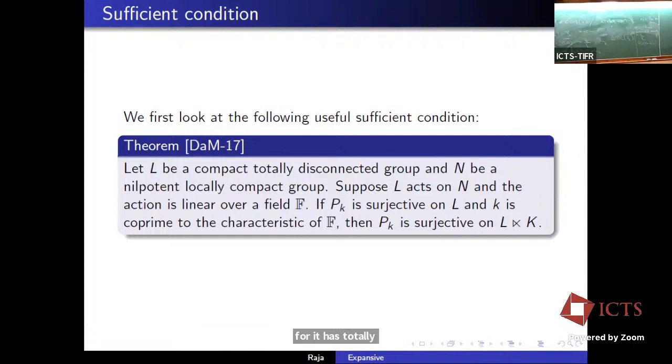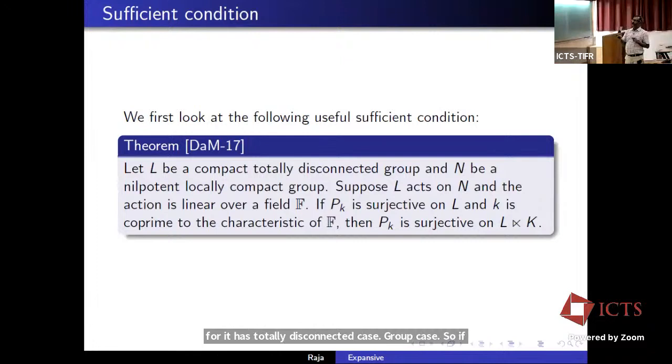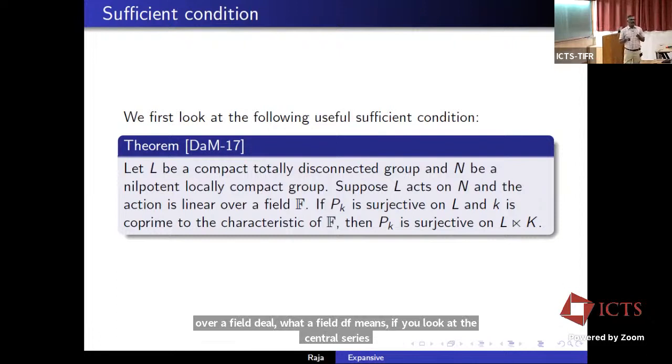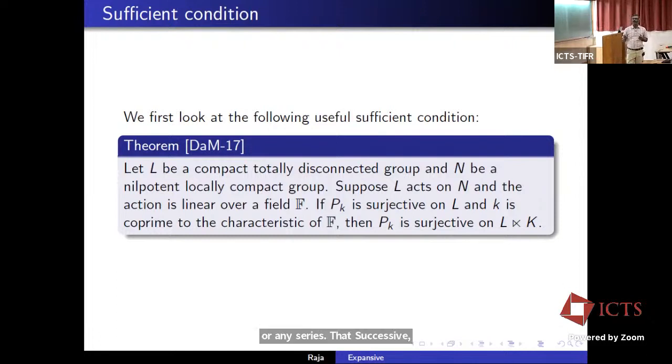If you take a compact totally disconnected group L, and N is any other nilpotent locally compact group, suppose L acts on N, and the action is linear over a field F. Over a field F means, if you look at the central series or any series, the successive quotient is a vector space over the field F, and the actions are by linear maps on the successive quotients. So that is very crucial.